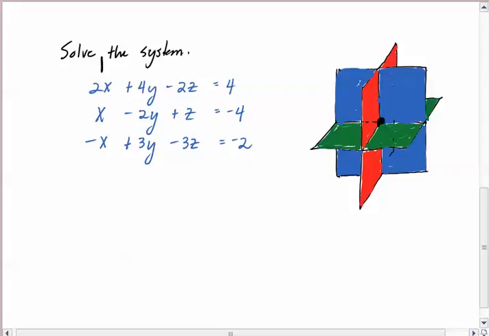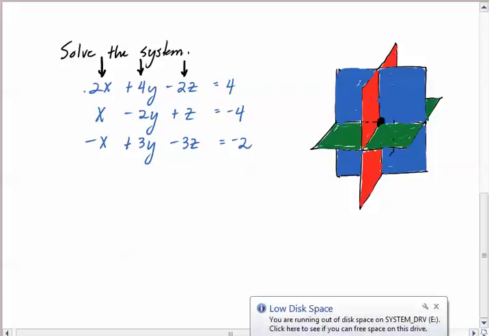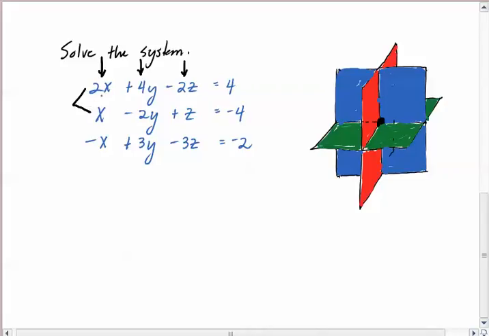So I inspect each column, the x's, the y's, and the z's, and I'm looking for a column that I think would be easy to eliminate. I think that combining the first and second could get rid of the x if I did a little manipulation there, and then if I combine my second and third, I could get rid of the x easily. And what I would have is a 2 variable system with y and z only.